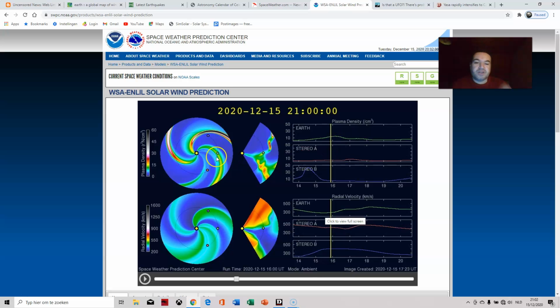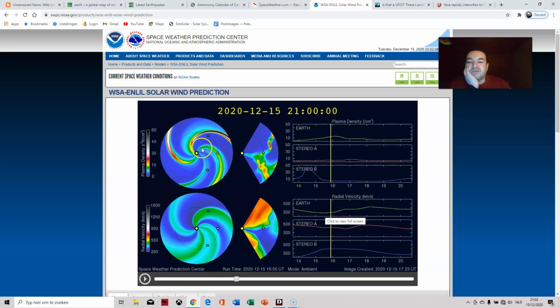And when I looked at the spiral, we can see that indeed we are in an area of low speed. This blue indicates that the speed is low, and we are actually in it. But we can see the spiral of density.